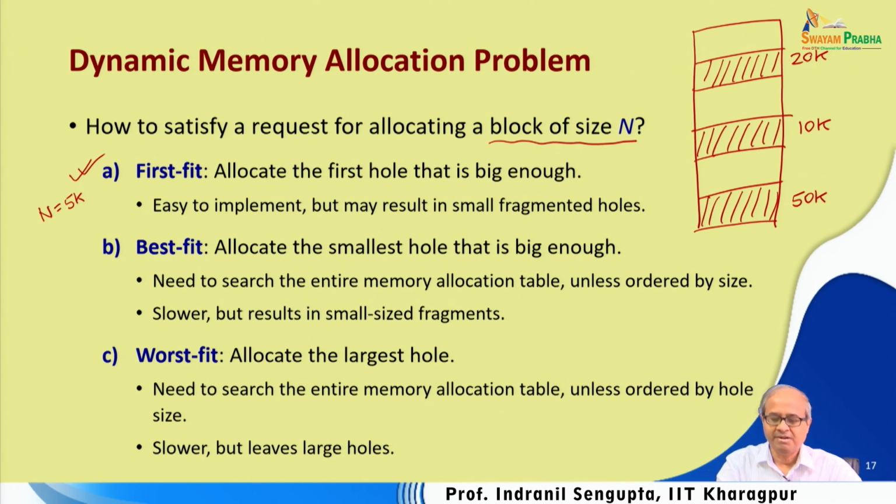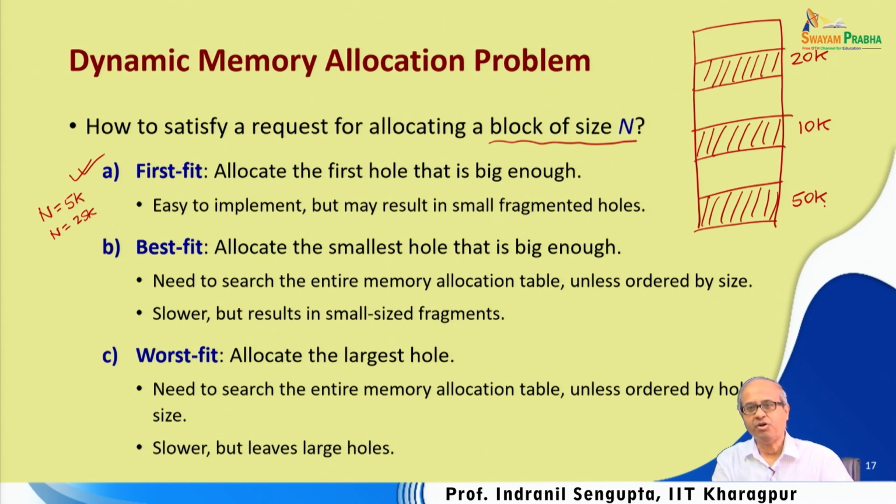But suppose n is 25k. The first hole is not big enough, the second hole is not big enough, the third hole is big enough. It will be allocated in the third hole. So, it will sequentially search through the whole table containing the information, identify the first hole where space is available, and allocate there.